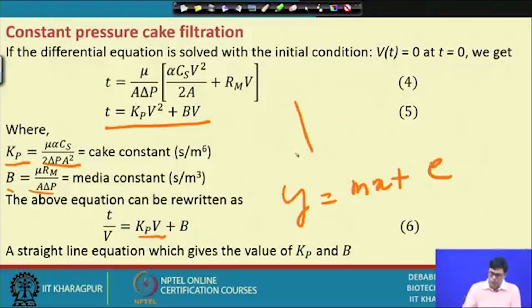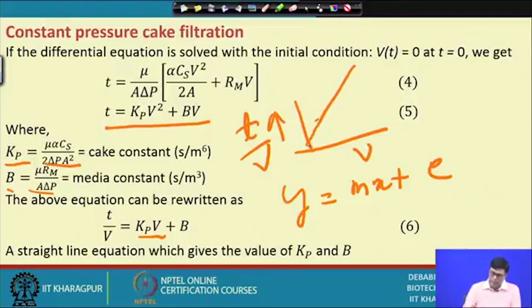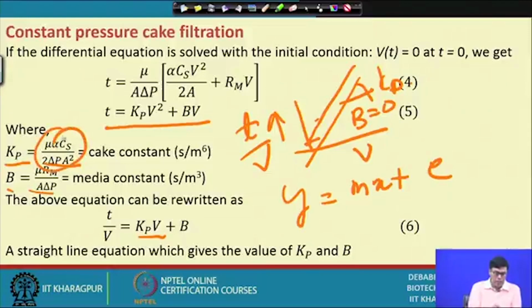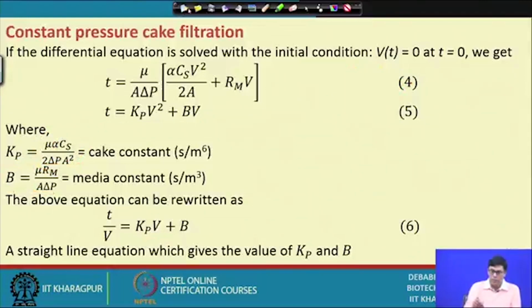Now if we plot t by V versus V, then we will get a straight line. If it does not pass through the origin, then we have some B value, but if it passes through the origin, then B will be equal to 0, the slope will be equal to Kp, and Kp is equal to this, so we can find out the other parameters if we want to calculate.